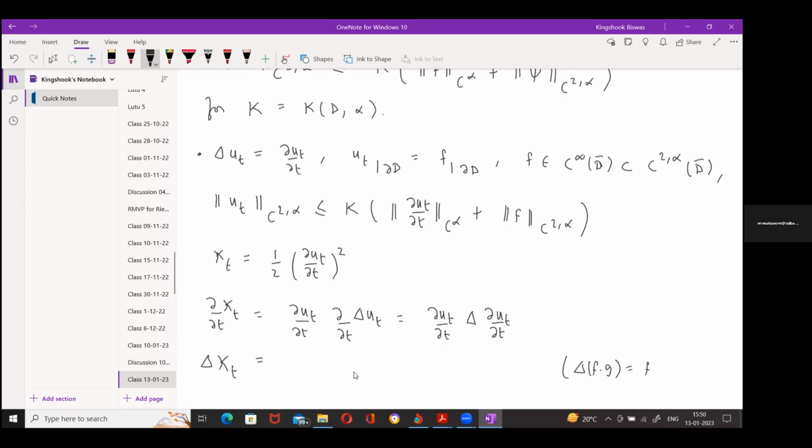This is just f Laplacian g plus g Laplacian f plus twice the inner product of grad f and grad g.